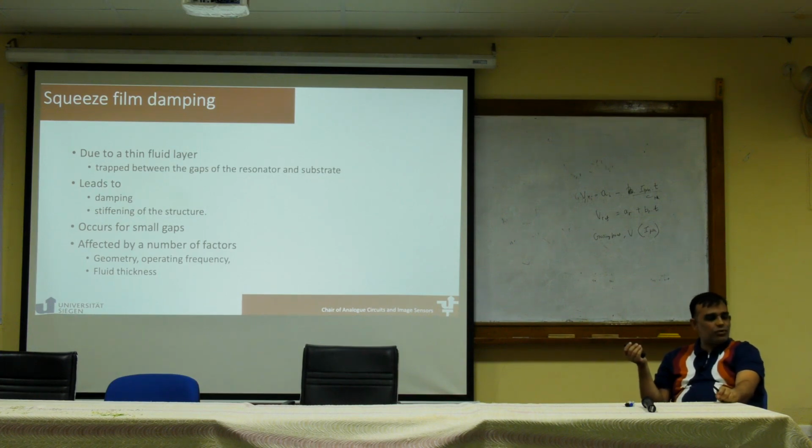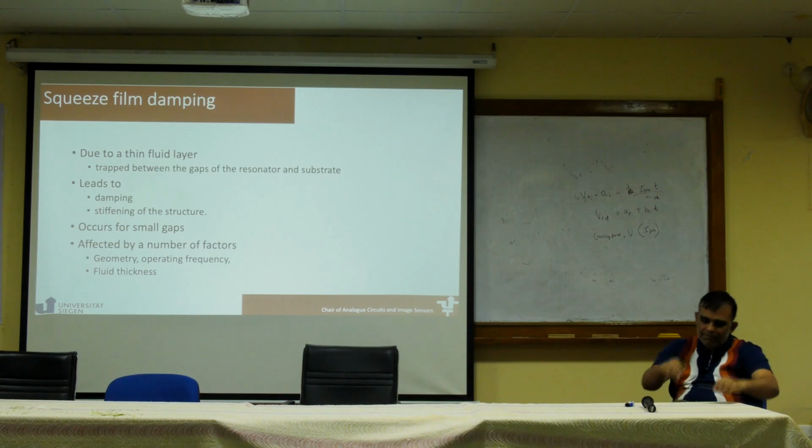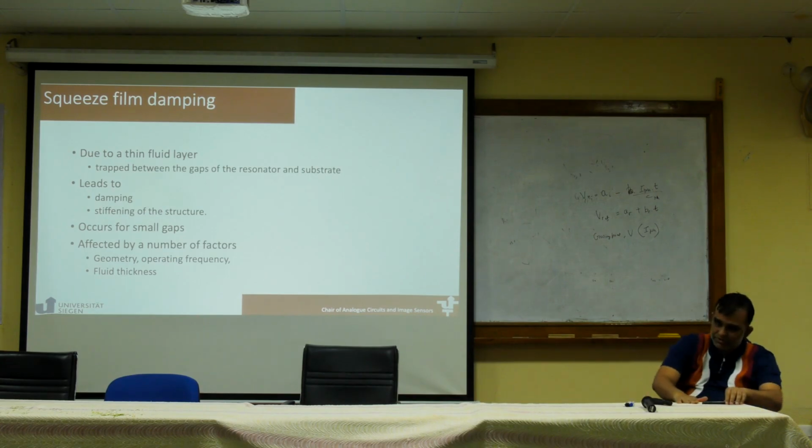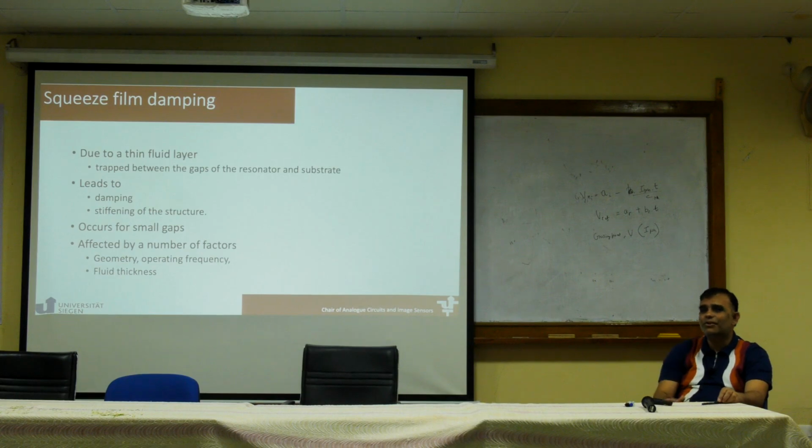Then there is squeeze film damping. Now remember, we are making our resonator on a substrate. So essentially, I would have made it something like this. There is a structure which has allowed it to move. So I would have removed everything from here, held it there, and then allowed it to move this way. Or it is held like this and I'm asking it to move there. So in between my resonator and the substrate, there is a thin film of fluid, air. Now that's the air which is very difficult to remove, even when I'm taking it down to low pressure.